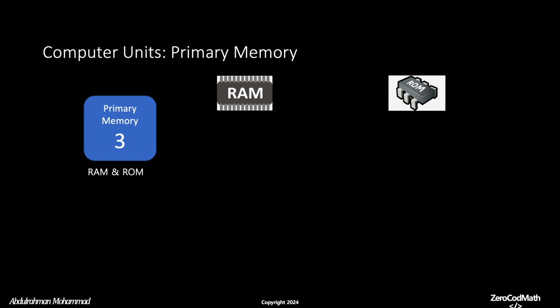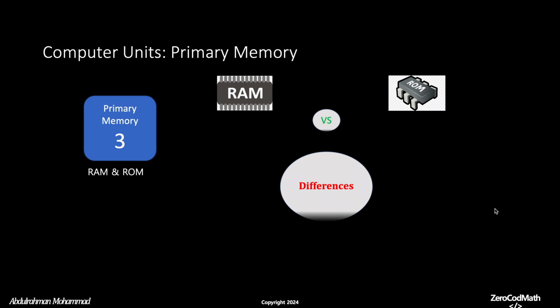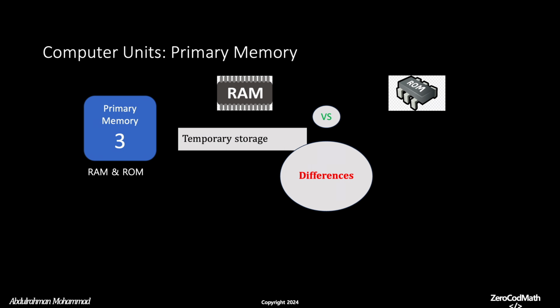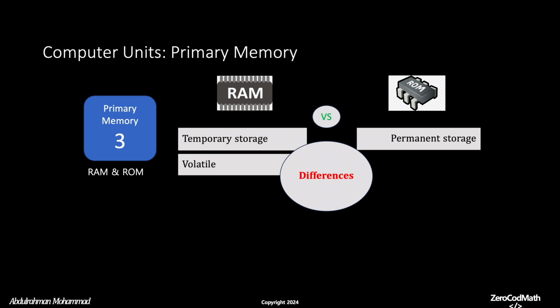Now, primary memory. It consists of RAM and ROM. Let's see the differences between RAM and ROM. A RAM is temporary storage, while a ROM is a permanent storage. A RAM is volatile, while a ROM is non-volatile.